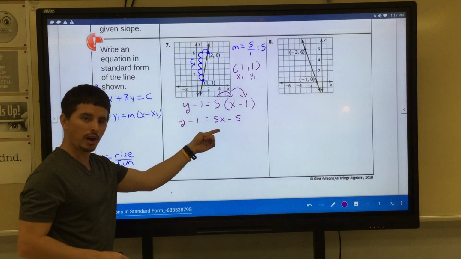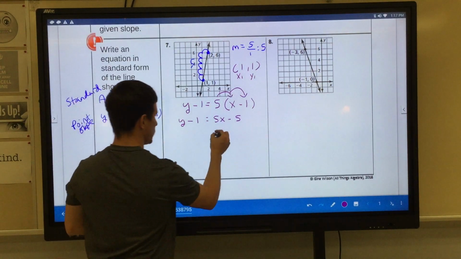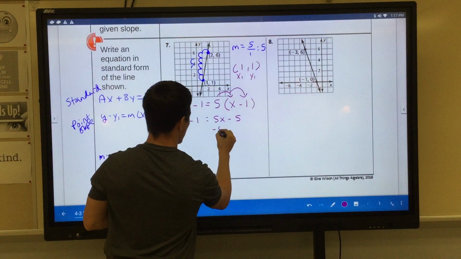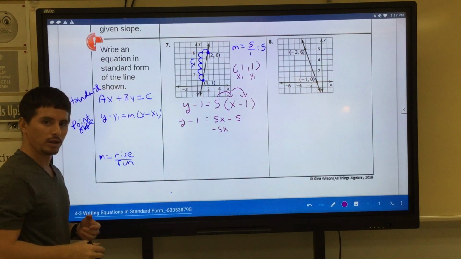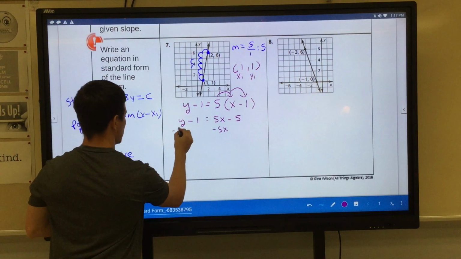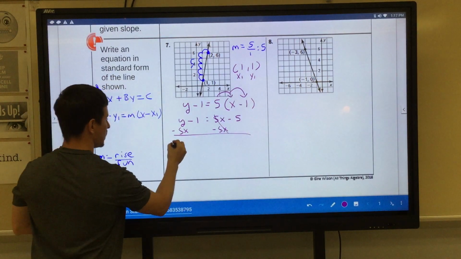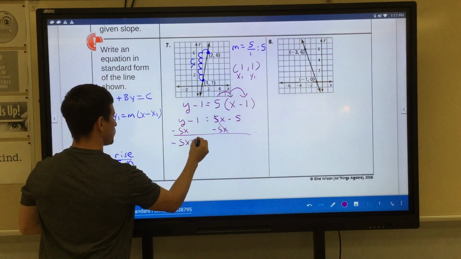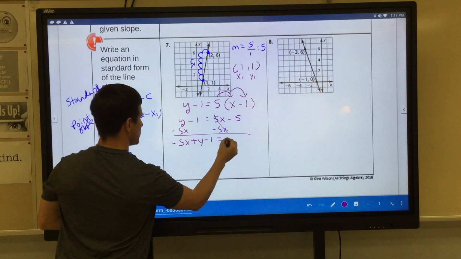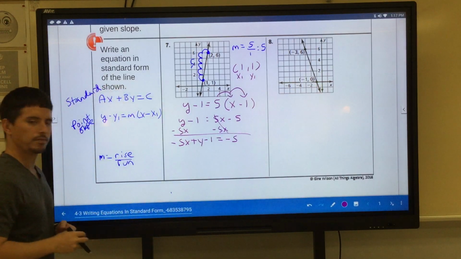I'm going to get rid of this 5x to go over to my left side. So the inverse operation of a positive 5x will be negative 5x on both sides. The 5x cancel, so now we have negative 5x plus y minus 1 is equal to negative 5.